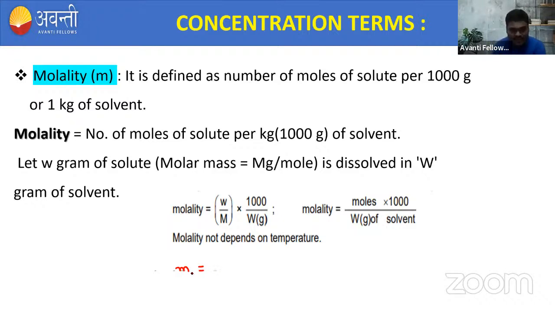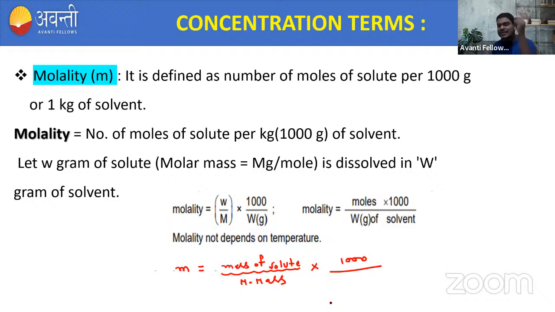So let me write the formula again. We can express number of moles as mass of the solute divided by molar mass. So this is mass of the solute divided by molar mass, into 1000, and upon what? Mass of the solvent, mass of the solution or volume? Tell me first. क्या आएगा नीचे?